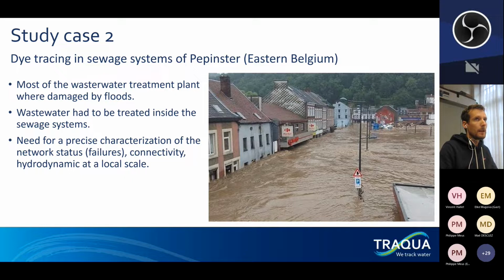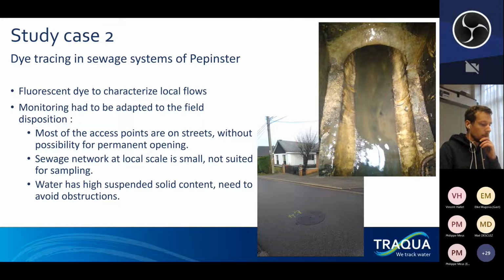Local scale means a few kilometers between a few villages in a suburban area. So we used fluorescent dyes, which are not very often used in sewage systems, with the objective to characterize the flow at a local scale in small sewage pipes in a dense suburban network.